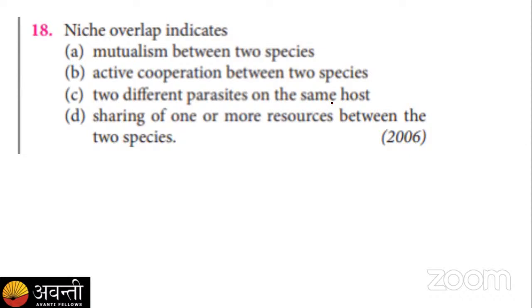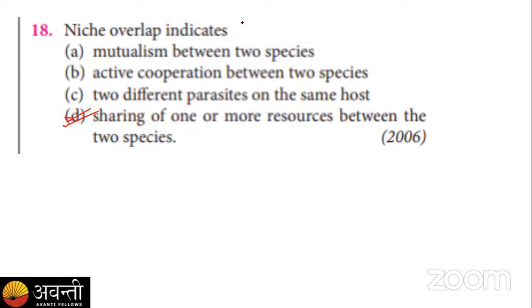So try to give your answer in the next 10 seconds. Okay, so yes, you have opted for the correct answer. Niche overlapping indicates the sharing of one or more resources between the two species.